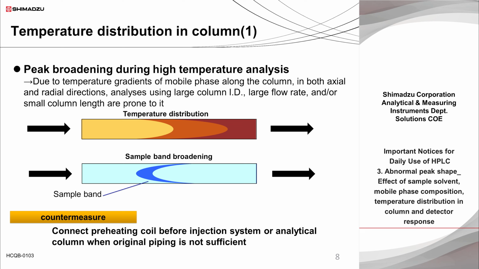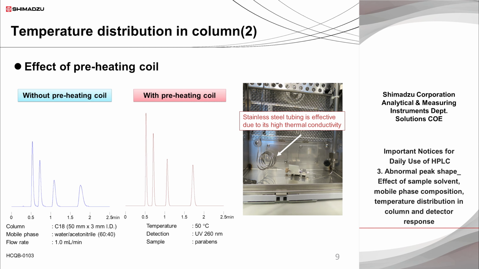As a countermeasure, a preheating coil can be installed to heat the mobile phase temperature in advance to reduce the difference to the column temperature. This slide shows the improvement in peak shape that can be achieved by using a preheating coil. In the example, the column oven is set to 50 degrees Celsius, the column is short, 50 mm long, and the linear velocity of the mobile phase is relatively large with 1 milliliter per minute on the left.